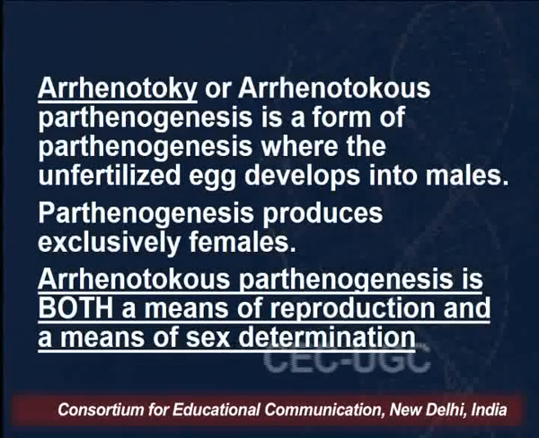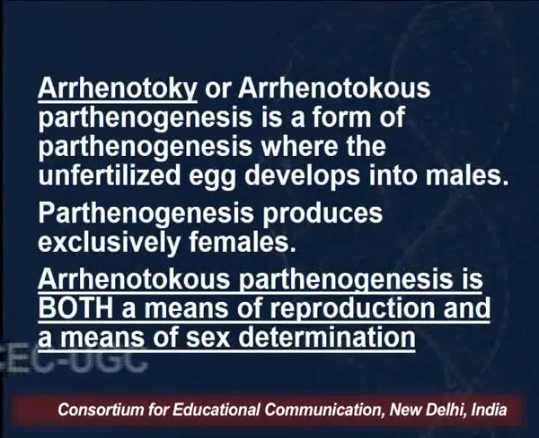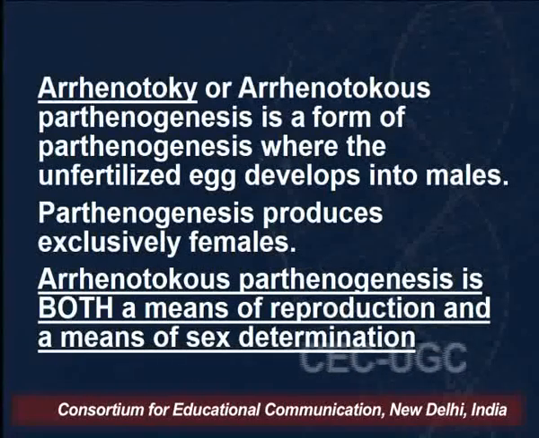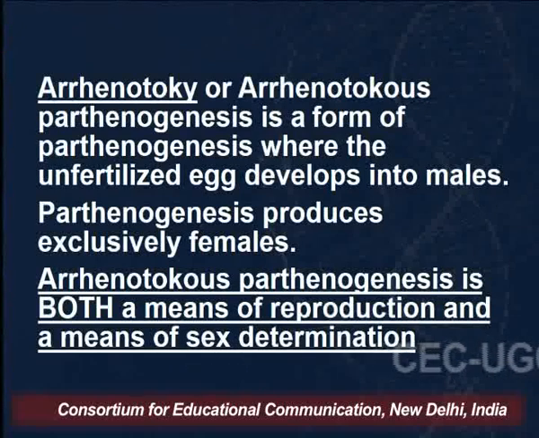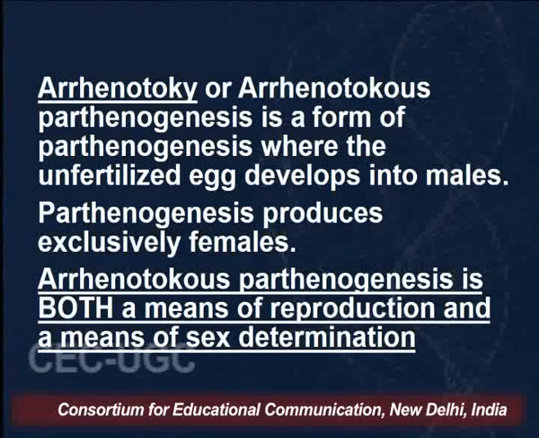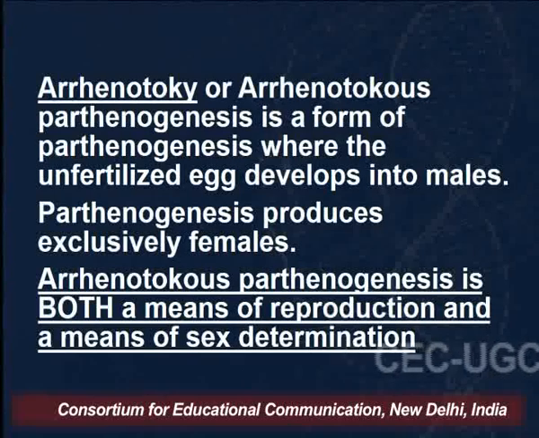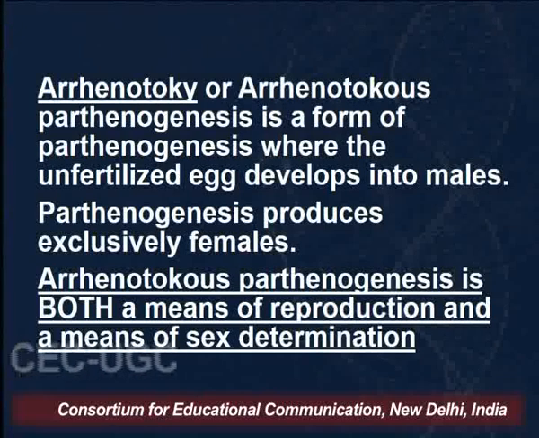Let us spend some time on the type of parthenogenesis. Viewers, normally a parthenogenesis should produce exclusively females because it was a female, but here we find that there is a different type of parthenogenesis, and this is called arrhenotoky. So, arrhenotoky or arrhenotocous parthenogenesis is also a type of parthenogenesis, but here the unfertilized egg is developing into a male and not a female.